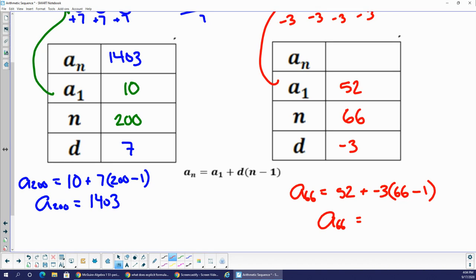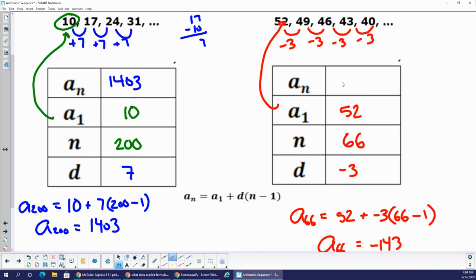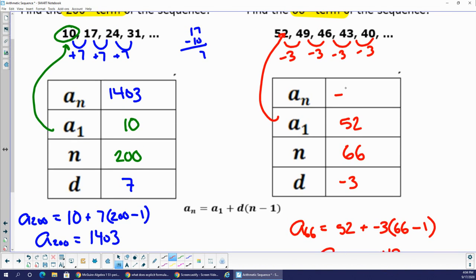The negative sign, if you're looking at a TI-83 or 84 calculator, is directly under the 3. All right, press enter on that, and I get -143. All right, so if I kept subtracting by 3, I would get -143. Excuse me, it wasn't 66 more times. If I found the 66th term, because I already know a couple of those terms there.